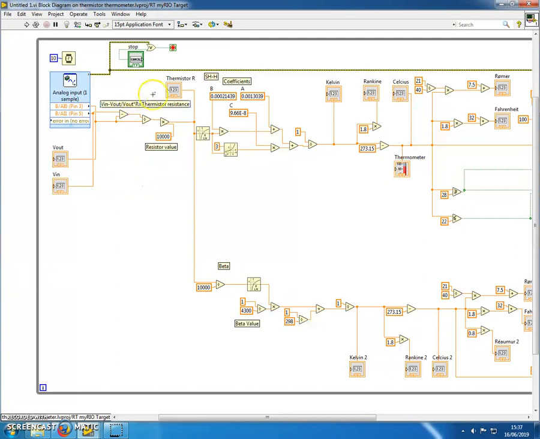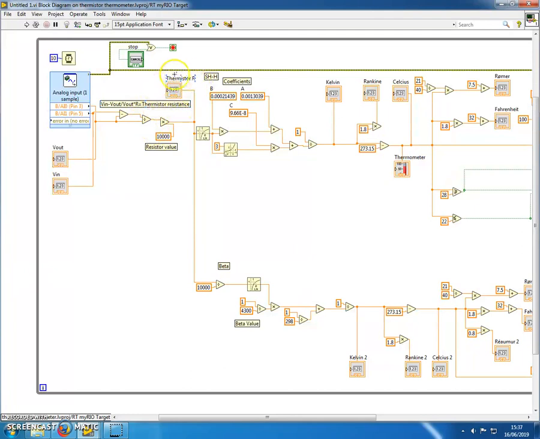So to calculate the thermistor's resistance, once we know those two values, we can use a formula which is just here. So it's voltage in minus voltage out over voltage out times the resistance of a known resistor, which in our case is 10 kilo ohms.